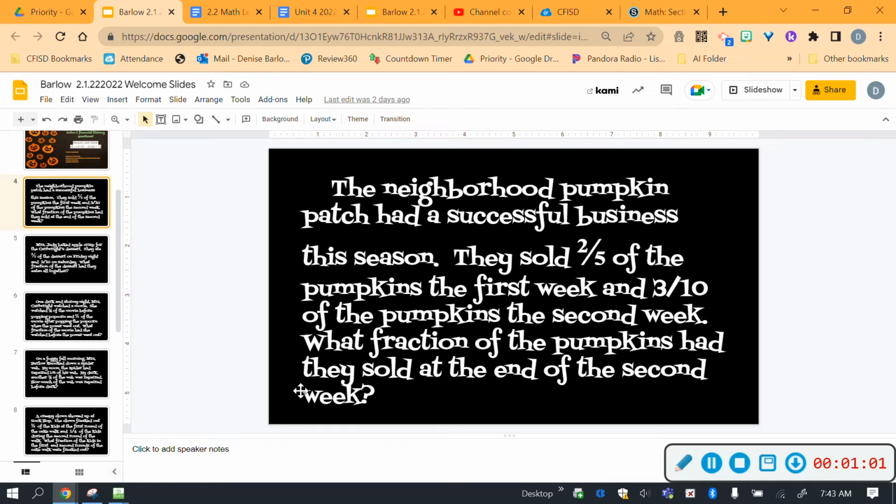So I can turn that question into a statement by saying they sold blank fraction of pumpkin. And I'm just going to jot down those two amounts. So we have 2/5 the first week and 3/10 the second week.